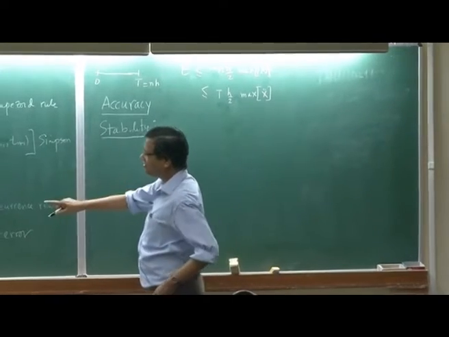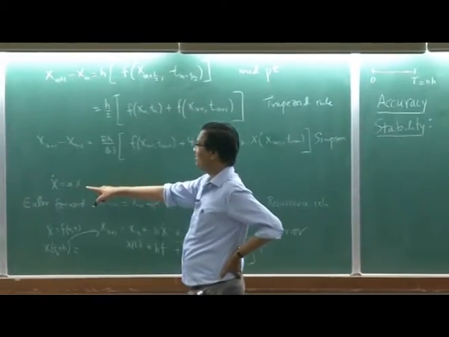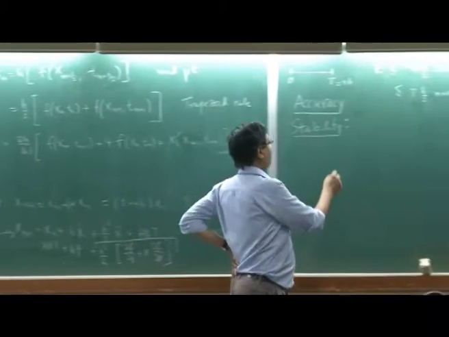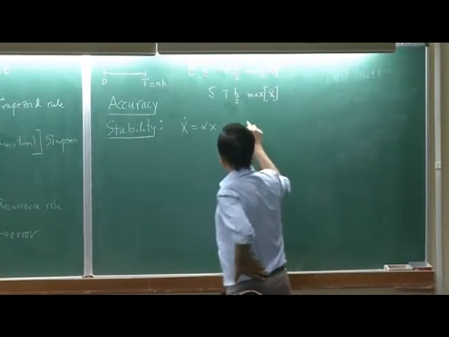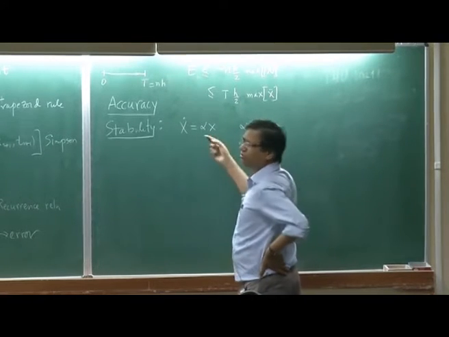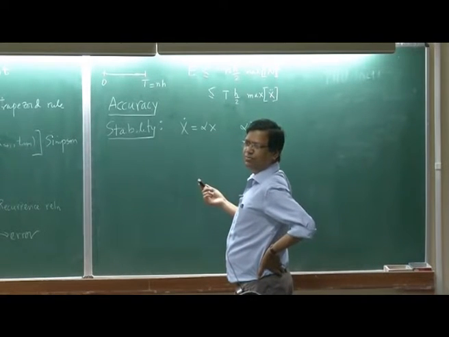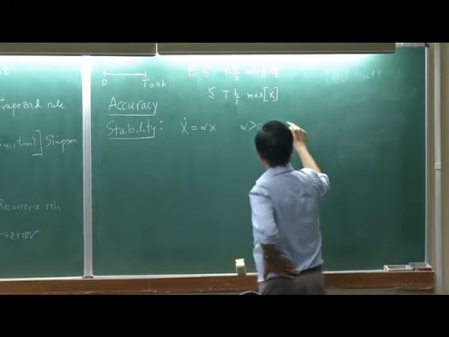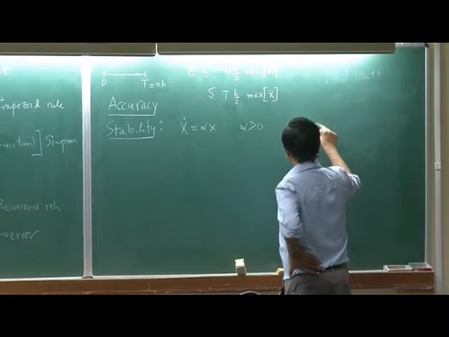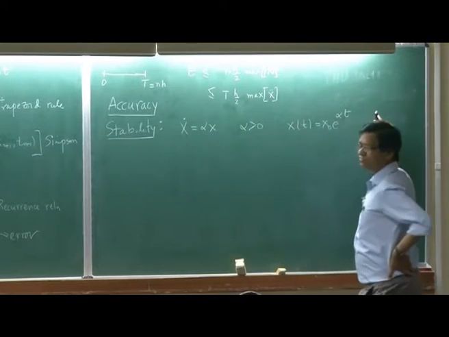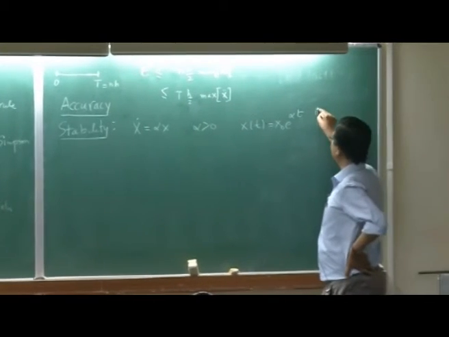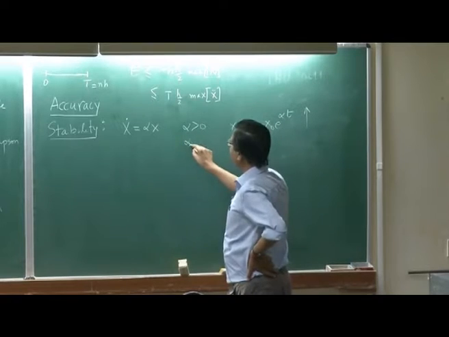Let us again look at this example, x dot is alpha x. If alpha is greater than 0, then the solution of course grows with time. So, x(t), x0 grows with time. What if alpha is less than 0?